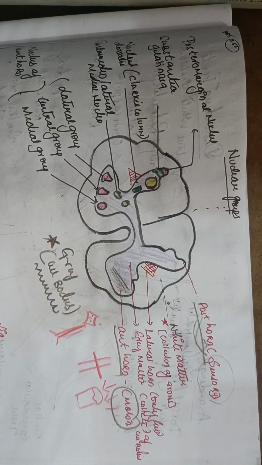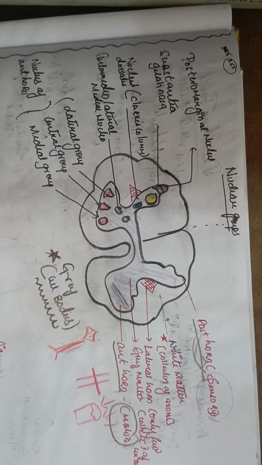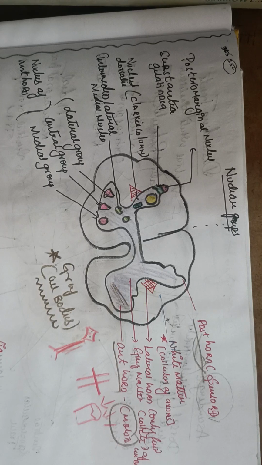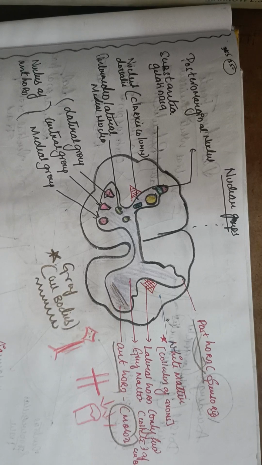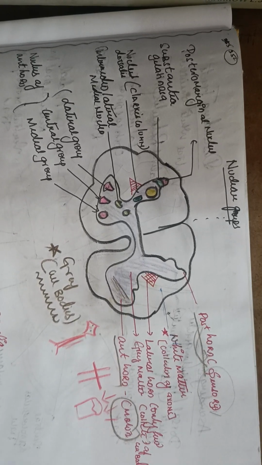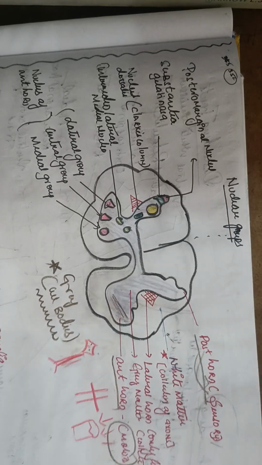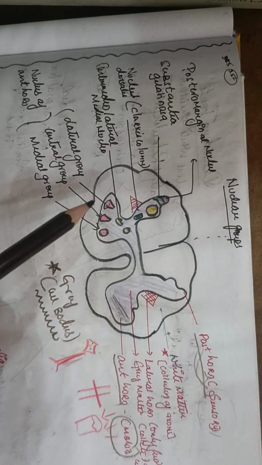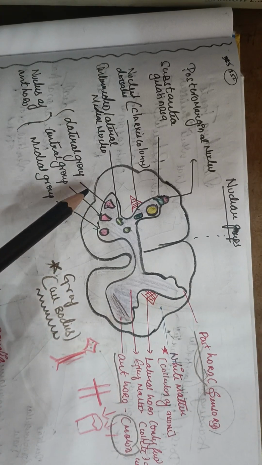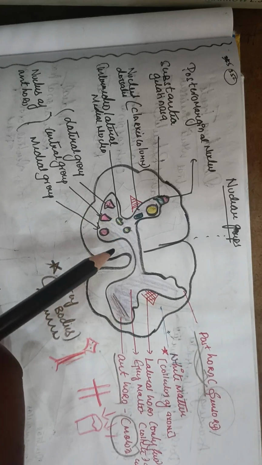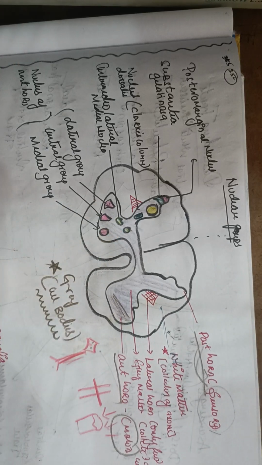Now you need to understand the nuclei present in the horns. Observe carefully here. You have the nucleus which is present in the anterior horn of the gray matter.